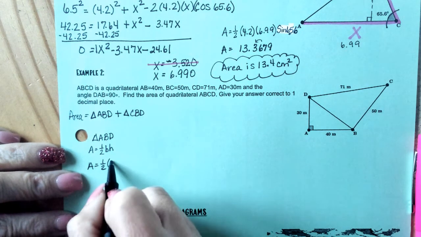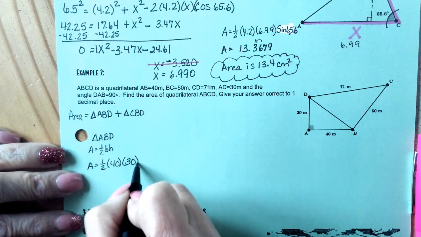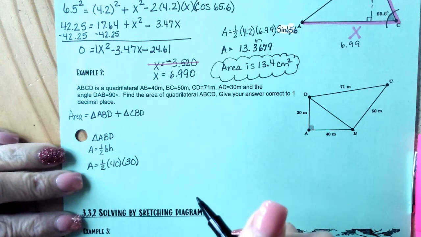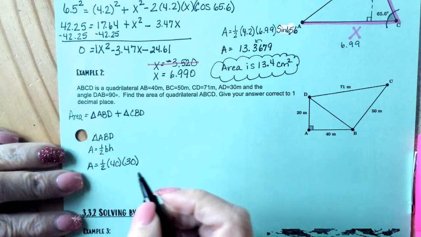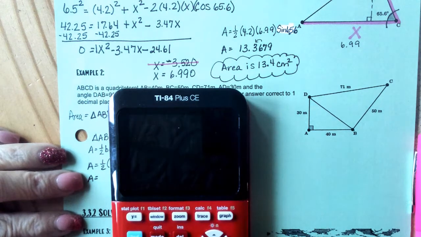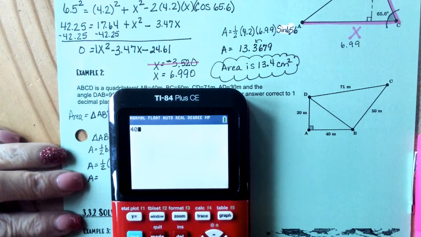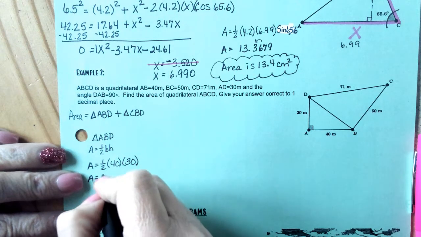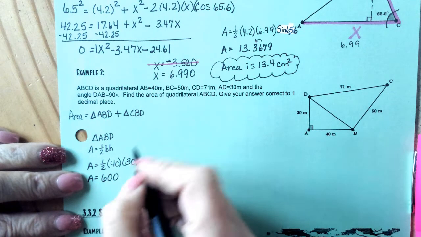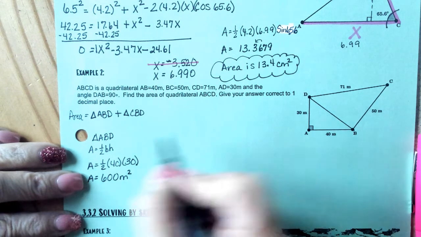The base is 40. The height is 30. 40 times 30 divided in half. 1200 divided in half. So we're going to get 600 meters squared, it's area.